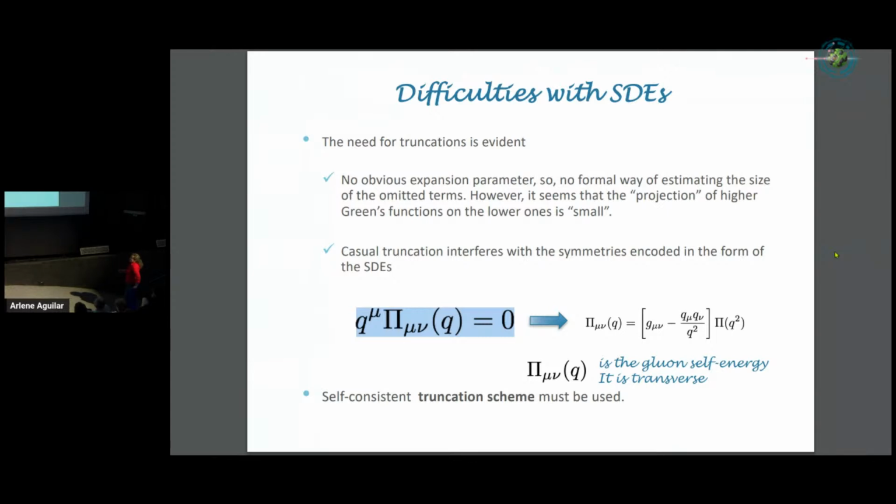This transversality is a consequence of the gauge invariance of the theory. If I break that, I'm breaking the gauge invariance. So if I study the Schwinger-Dyson equation for the gluon propagator, one of the symmetries I have to respect is to keep this self-energy transverse. Otherwise, I'm breaking the gauge symmetry of the theory.